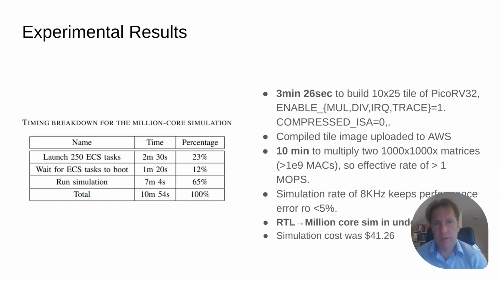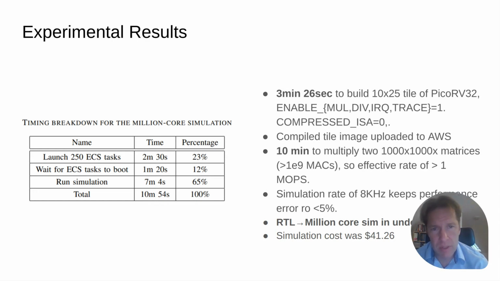So the results. Running through this million core simulation, we took the PicoRV32. The default values we set to 1 are multiply, divide, IRQs, and trace. So it's a fairly small version of the PicoRV32. And compilation time for a grid, or tile, of these 10 by 25 is 3 minutes and 26 seconds, which is fast enough, I would say.